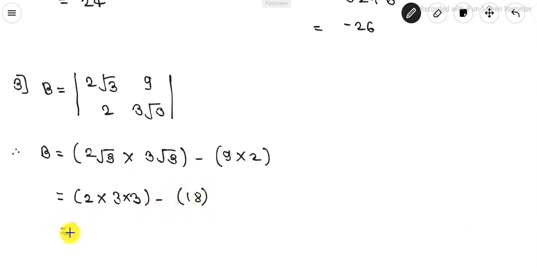Therefore the value of determinant is equal to 18 minus 18, the value of determinant becomes 0.